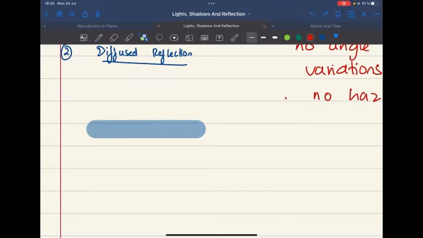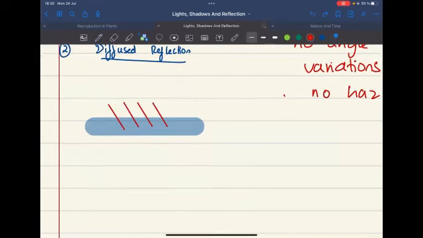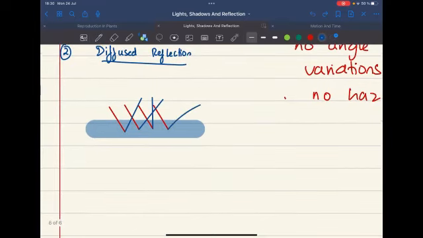The source of the incident light will always be straight. Only the reflection will be in a haphazard manner. I hope it is clear.